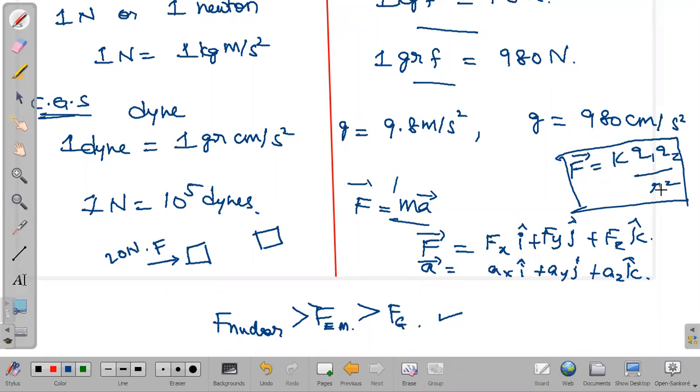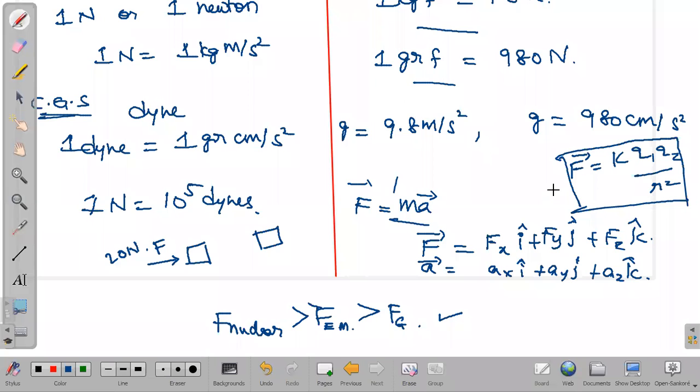So it is depending on position, right? Distance means position, right? It is also position dependent. So gravitational force is position dependent. Electric force is also position dependent, right? So the motion of Earth around the sun, all those come under the same case of position dependent forces.